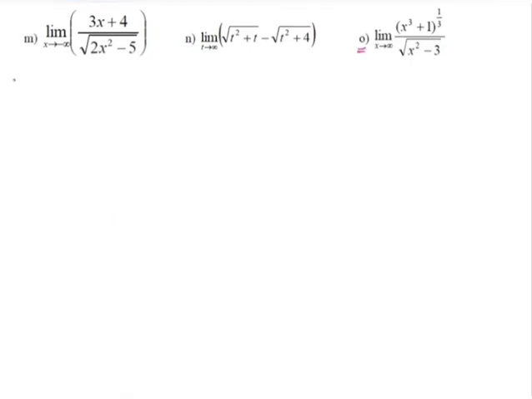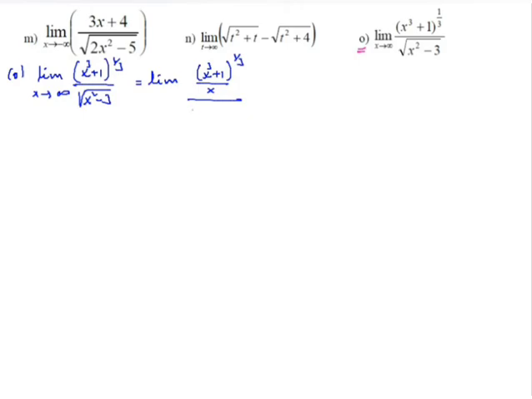In part O we have the limit of x cubed plus 1, to the power of 1 over 3, over radical x squared minus 3, as x approaches infinity. This limit is the same as the limit of x cubed plus 1 to the power of 1 over 3 over x, dividing both the numerator and the denominator by the same quantity, over radical x squared minus 3 over x.